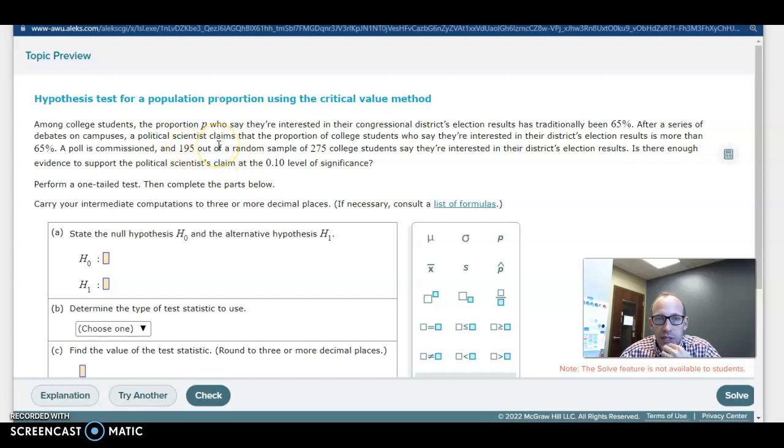And we have a political scientist who thinks that theirs is more than 65%. So we have a sample within that district's results, and then we have our level of significance here.